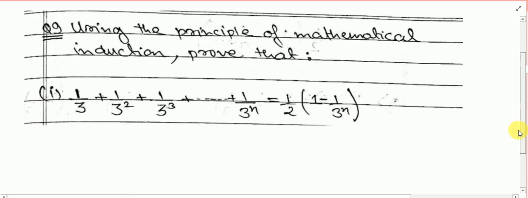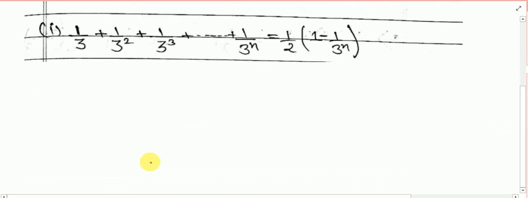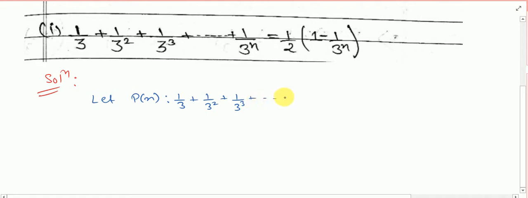So solution: let Pn denote the statement 1 by 3 plus 1 by 3 square plus 1 by 3 cube plus dash dash plus 1 by 3 to the power n is equal to half times in bracket 1 minus 1 by 3 to the power n.